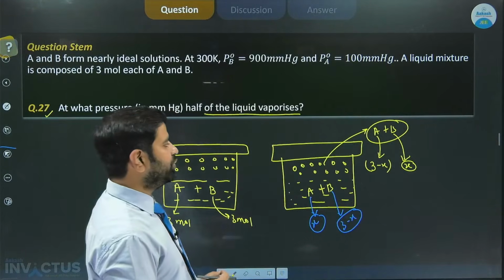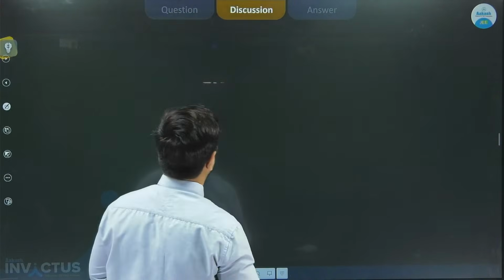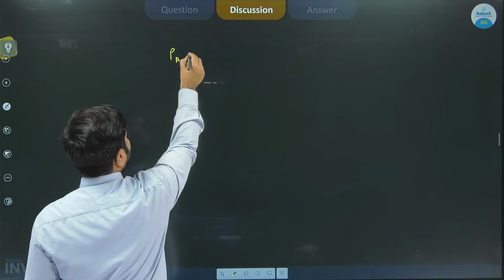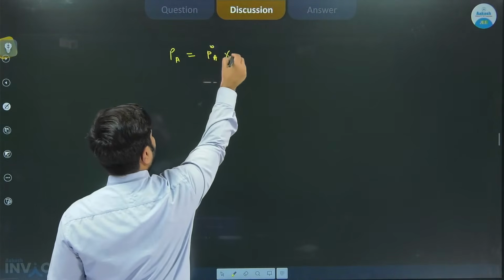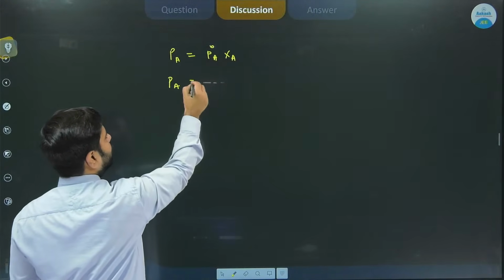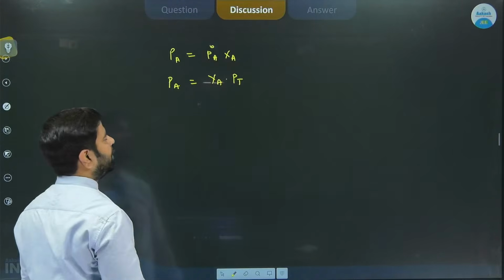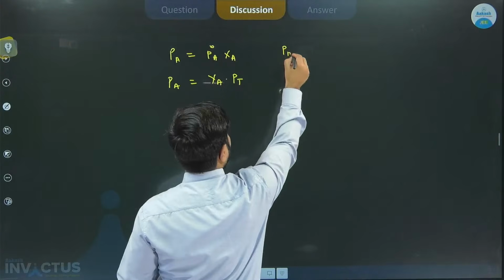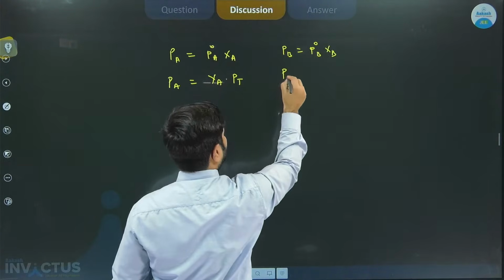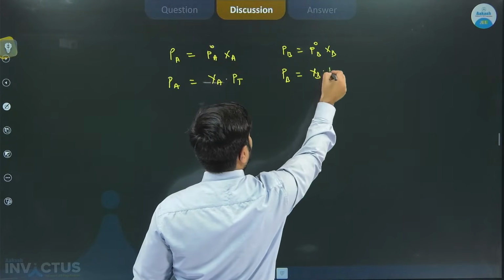So we can simply use Raoult's law here. Let's apply Raoult's law and Dalton's law. What is Raoult's law? PA equals P naught A XA. And according to Dalton's law, PA equals YA dot PT. Similarly for B, PB is P naught B XB and PB equals YB dot PT.